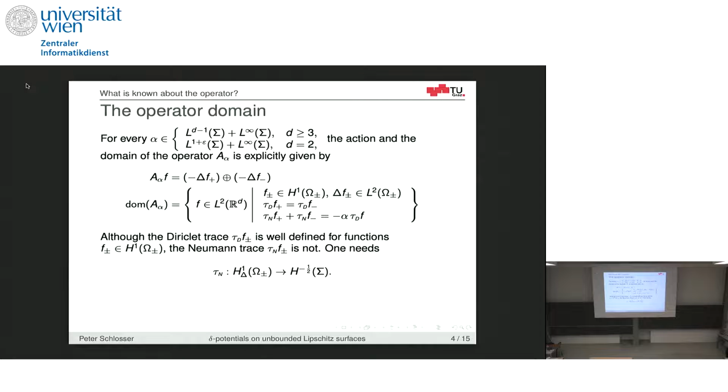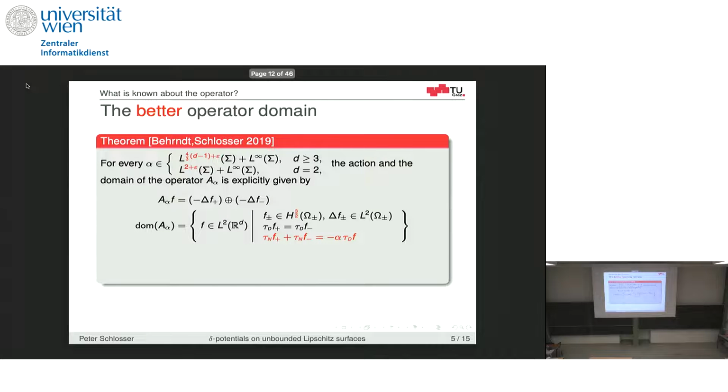More or less this H1 delta is just the first line here, but this still allows us to have a Neumann trace acting into H^-1/2. This last equation here has to be understood in this sense. It's not an L2 equation. The left-hand side is in H^-1/2, and on the right-hand side the Dirichlet trace of F is in H^1/2, and this alpha is, let's say, quite bad. So also on the right-hand side you do not end up with an L2 function, because alpha is supposed to have very bad singularities in this case.